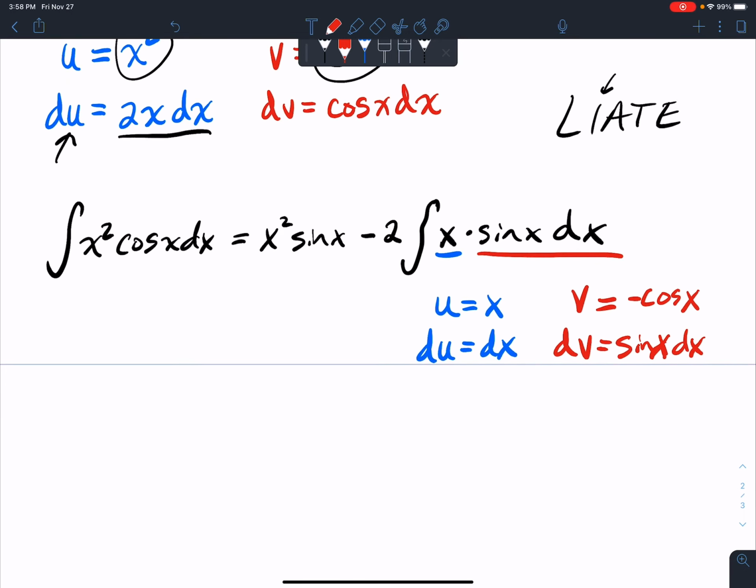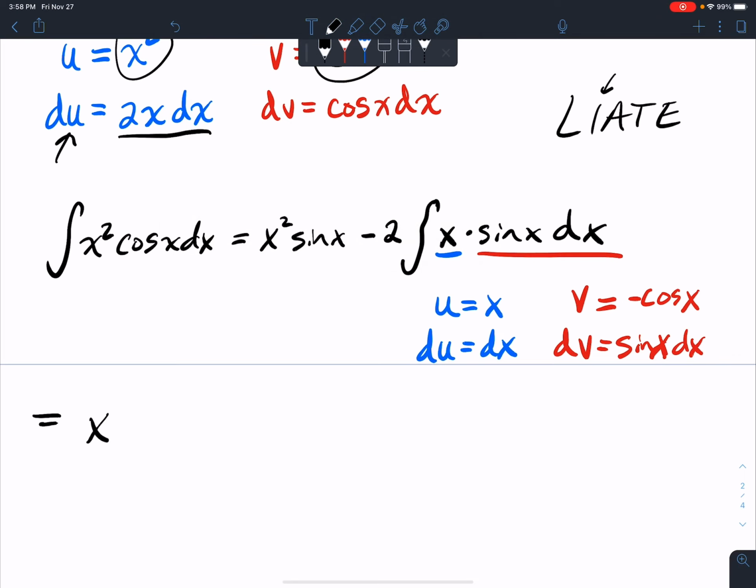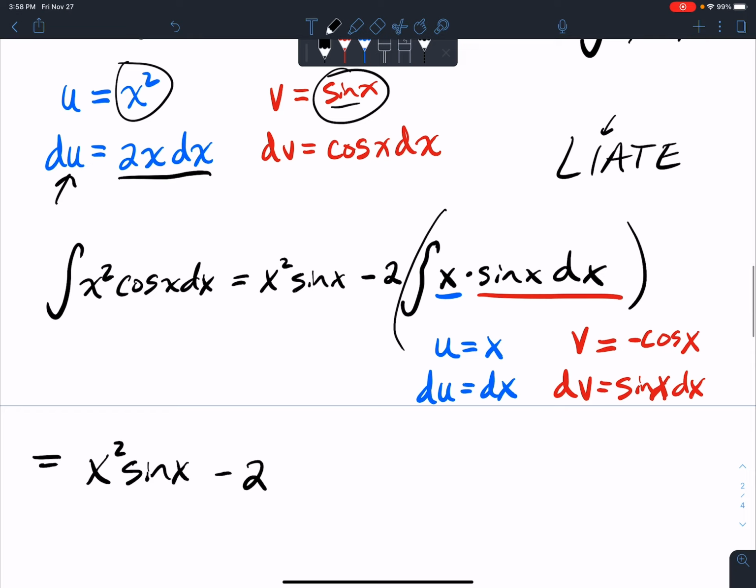So let's do this iteration again. This is equal to x squared sine x minus 2, and then all of this is getting replaced with my formula. Remember, this is u dv. The integral of u dv equals uv minus the integral of v du. Okay, voodoo.